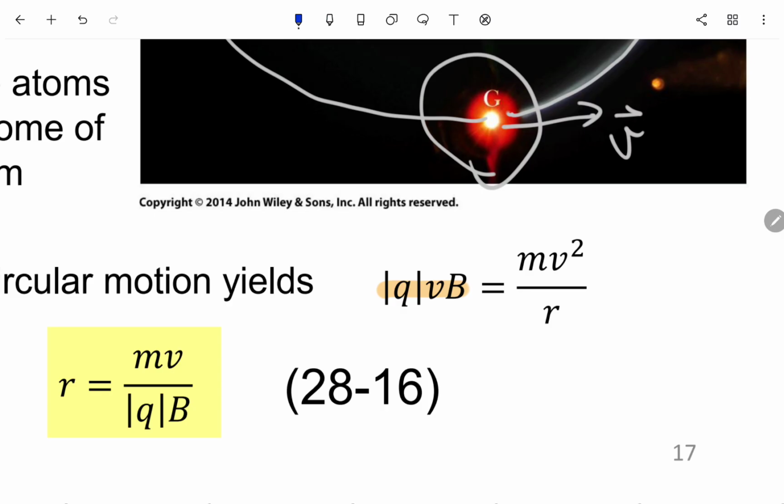According to Newton's second law, F equals ma, and for circular motion, a is v squared over R. You should have learned this in high school physics. So we have qvB equals mv squared over R, and then we can solve for R. We move qB to the right side and cancel v with v squared partially. Finally we have R equals mv over qB.